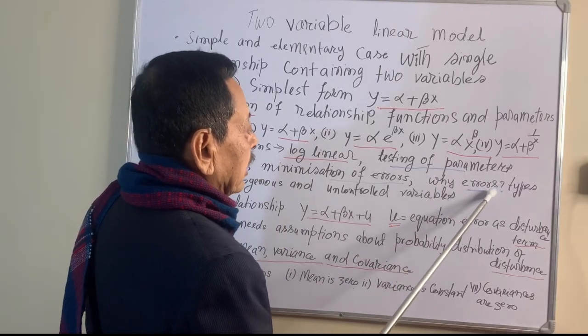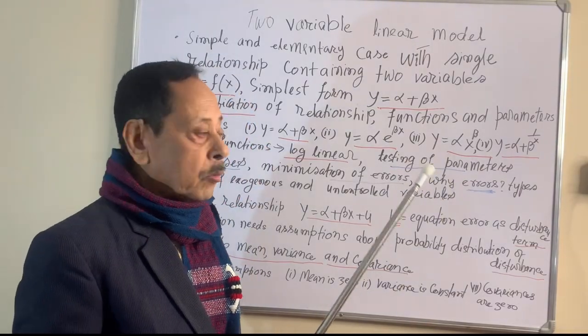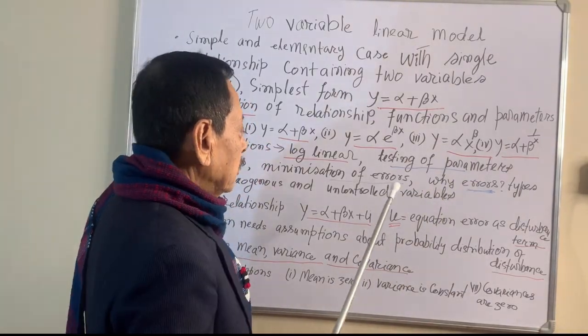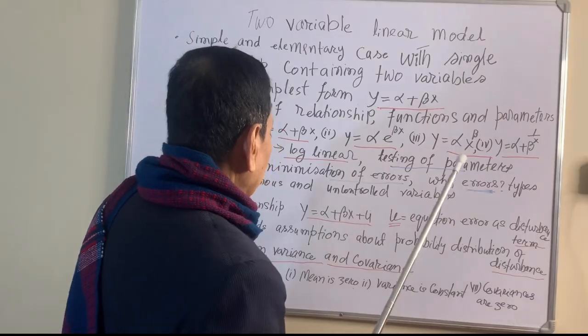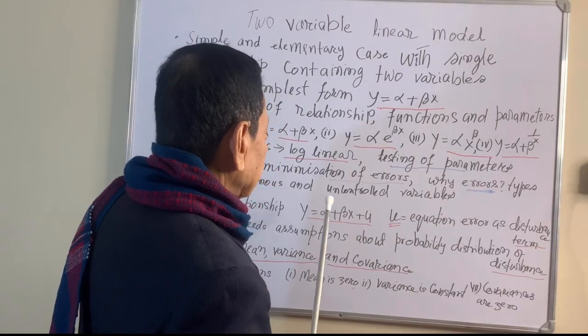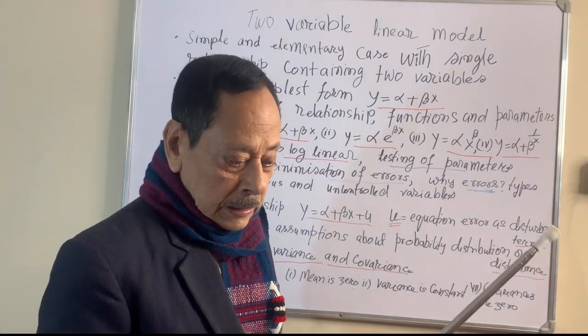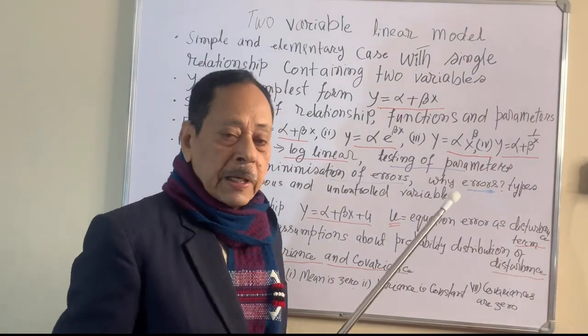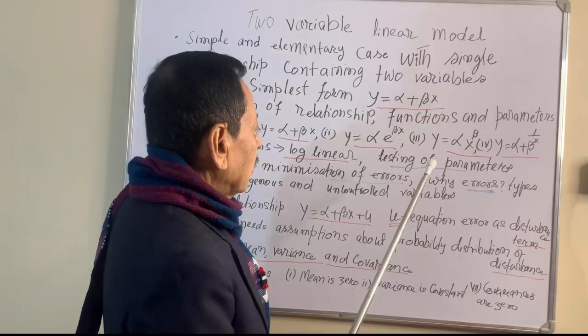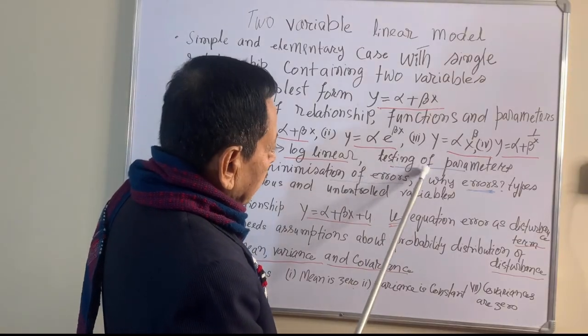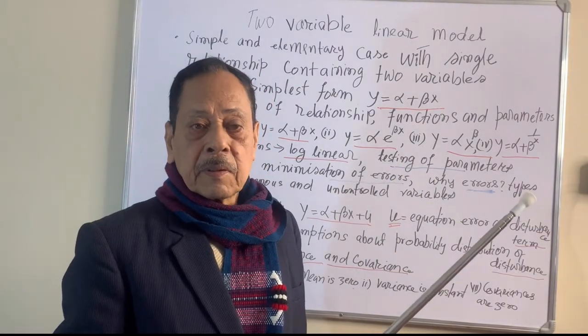Now, why do those errors occur? There are many exogenous and uncontrollable variables. Suppose there will be a human error in what data has been supplied.